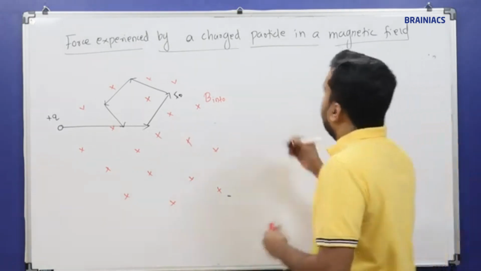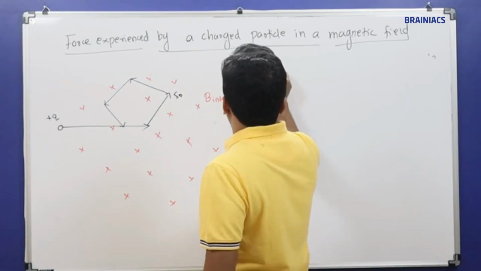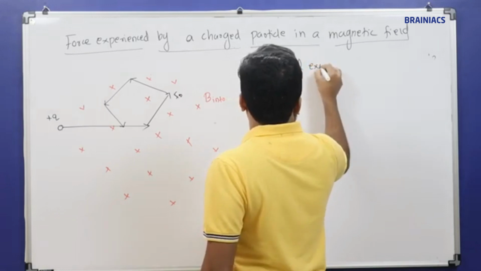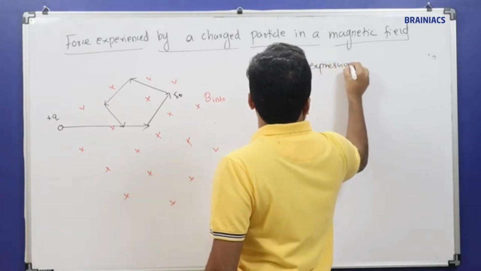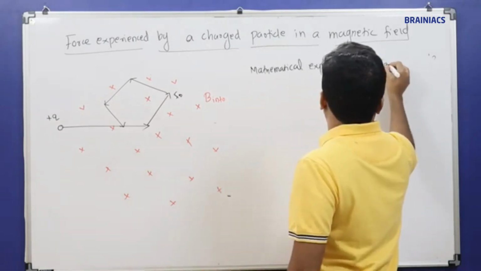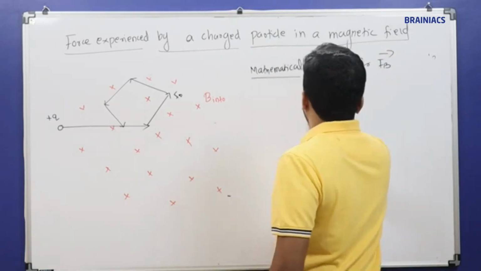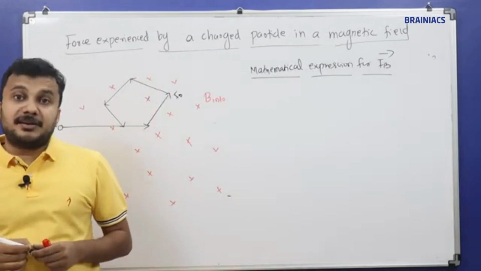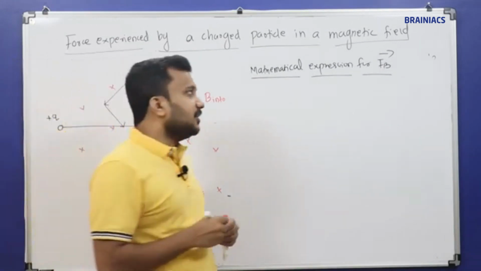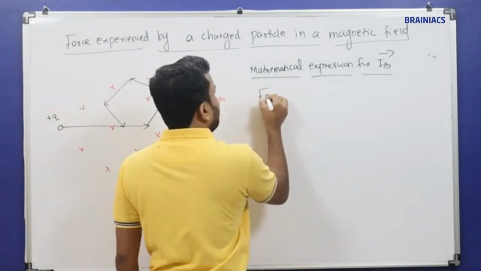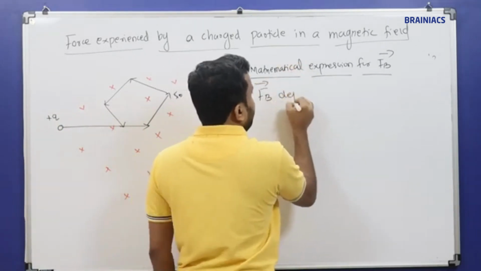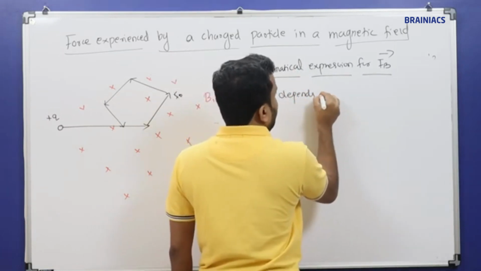Okay, next one, write the next subheading under this main heading: mathematical expression for FB. FB is a vector quantity. FB is called magnetic force, I told you, right? What does FB depend on?